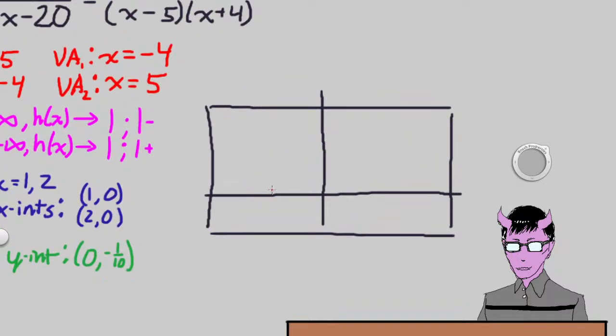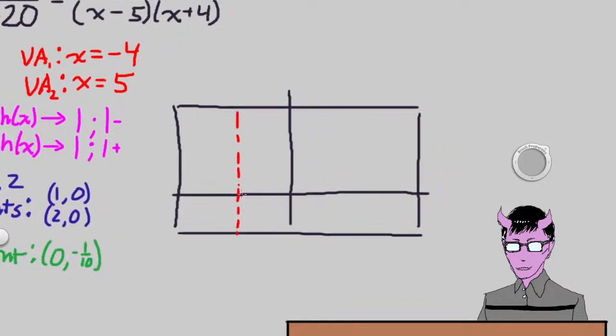So we have negative 4, let's put it right here-ish, and then we have positive 5-ish. So this is VA1, x is equal to negative 4. That is VA2, x is equal to positive 5.